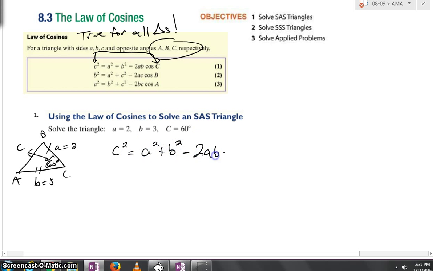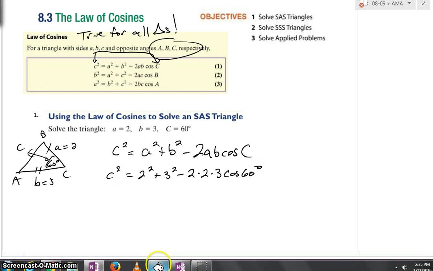So we're going to, by necessity, have to work right here. C squared is equal to a squared plus b squared minus 2ab cosine of angle C. And right now we can definitely plow through this and see where we're going. We can say that a squared, well, that would be 2 squared plus 3 squared minus 2 times 3 times the cosine of 60 degrees.